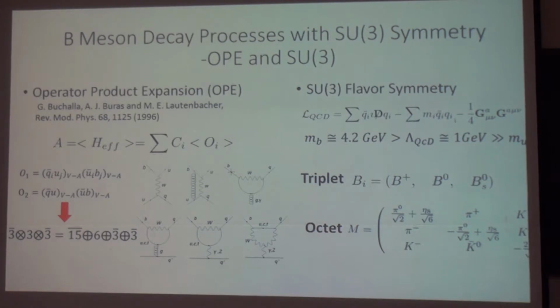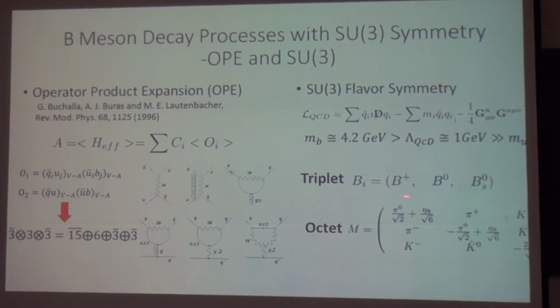okay. So for example, in the B meson system, the b quark is very heavy, so we don't use the SU(3) flavor symmetry for it. However, for the light quarks u, d, s, we have an approximate SU(3) flavor symmetry, and we just take the b quark as a flavor singlet.